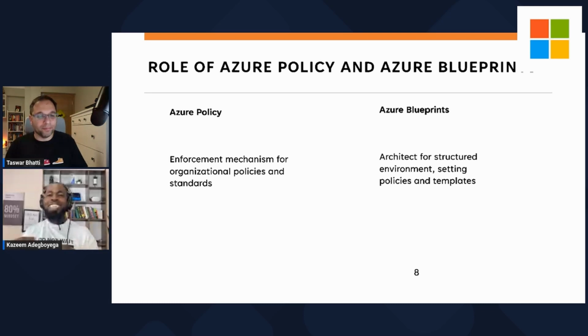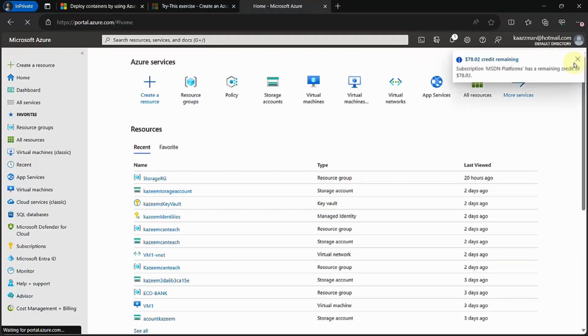So our task here is going to be to restrict the creation of resources within our Azure environment to only the African region. So that's what we're going to be looking at in this demo. Great. Thank you.